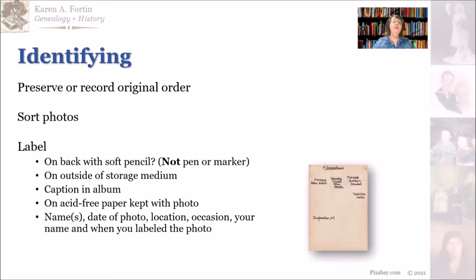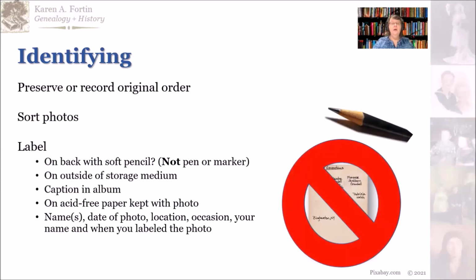You should not use pen or markers. Unfortunately, I wish I had known that in the past, as I willy-nilly went through my own family collection. And as you can see in the example here, I actually used a fine point Sharpie marker in order to mark the back of the photos. This is not the example that you want to follow.